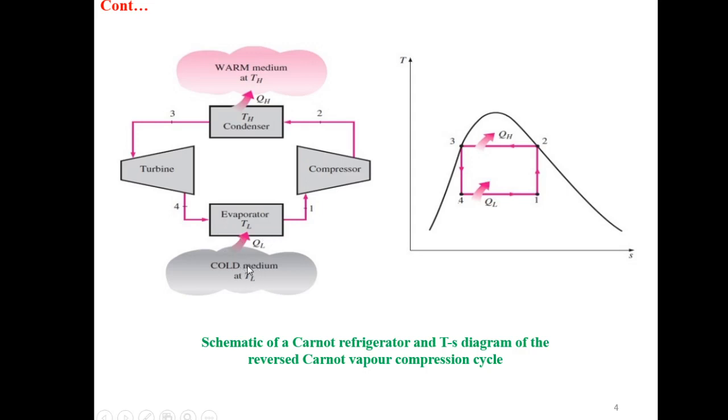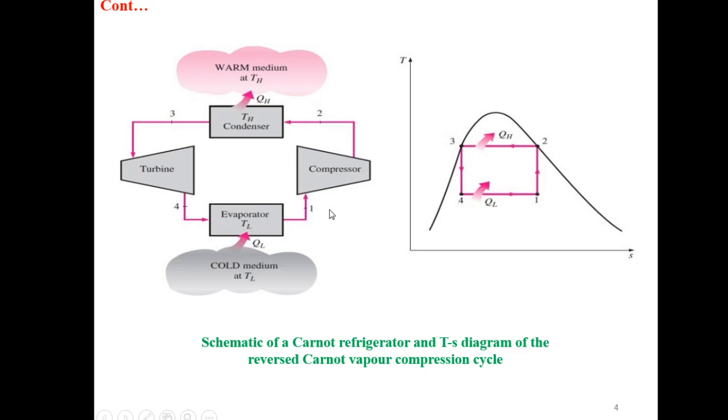Now this cold medium will give its heat to the refrigerant at point 4, due to which the condition of the refrigerant will become point 1. So in this case the refrigerant is absorbing heat, and now this point 1 again enters the compressor, we get point 2 and the cycle continues.